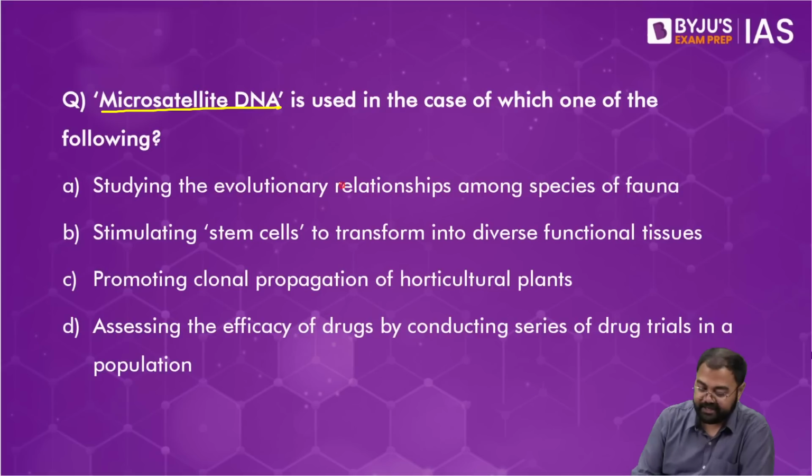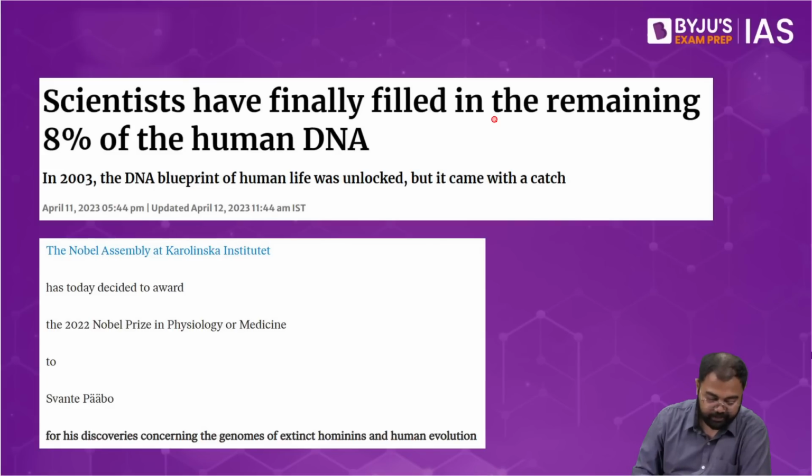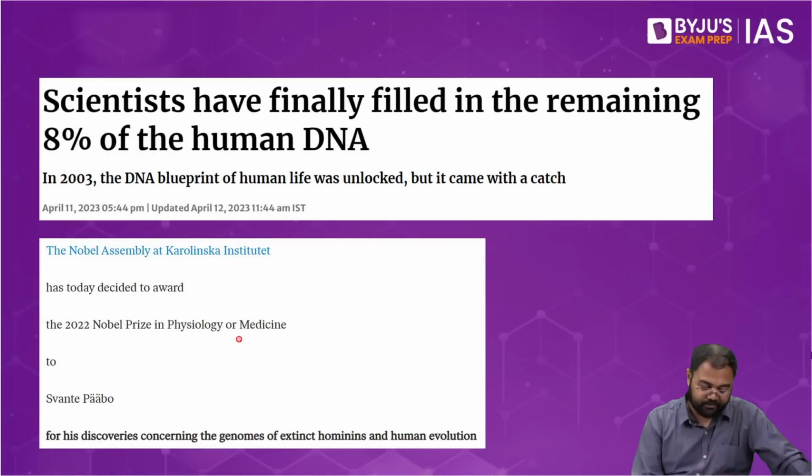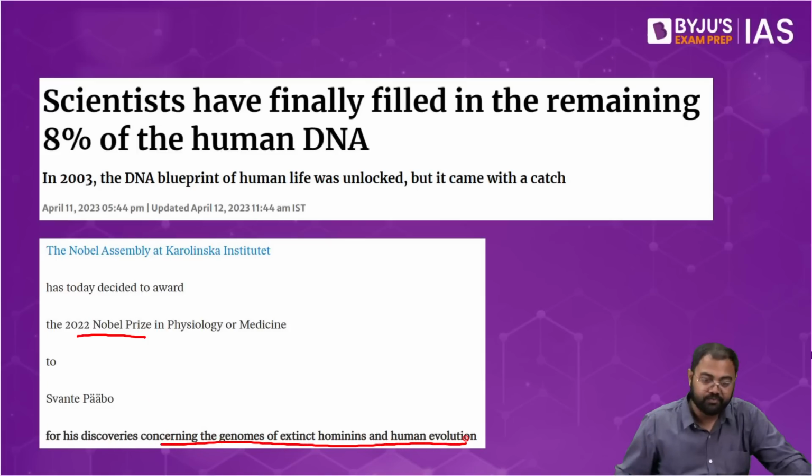There was also this question: microsatellite DNA. The microsatellite DNA is used in the case of which of the following? Just understand why microsatellite DNA would have come. This was largely, I think, because of the Nobel Prize that was given. The Nobel Prize in 2022 was given for the discoveries concerning the genomes of existing hominins and human evolution.